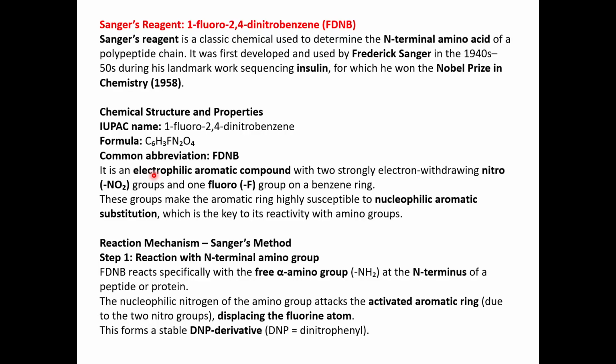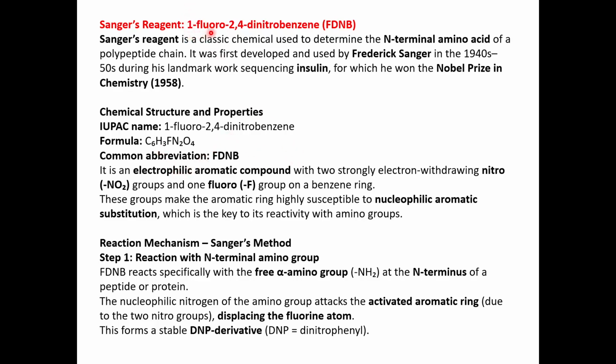It is an electrophilic aromatic compound with two strongly electron withdrawing nitro groups and one fluoro group. So we can see here it has two nitro groups and one fluoro group. So the nitro groups are electron withdrawing groups, and then we also have the fluoro group on a benzene ring. So this fluoro and nitro groups are attached to the benzene ring.